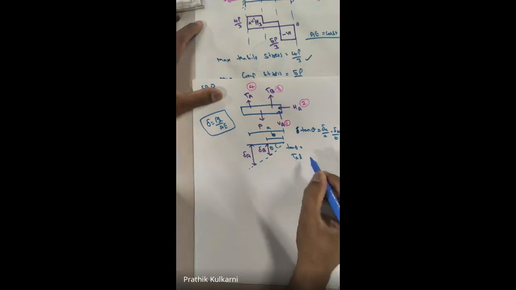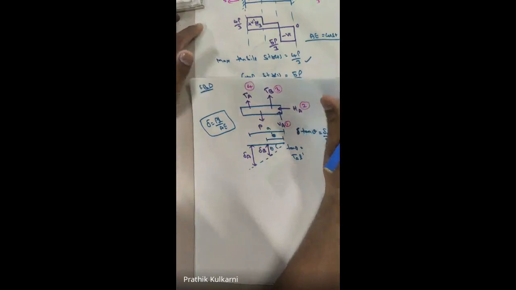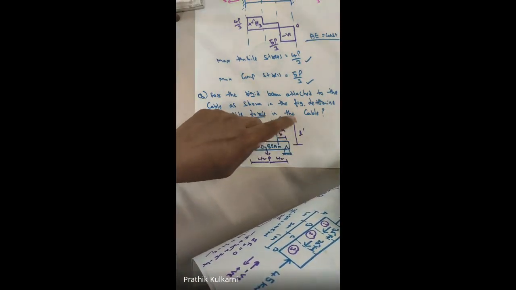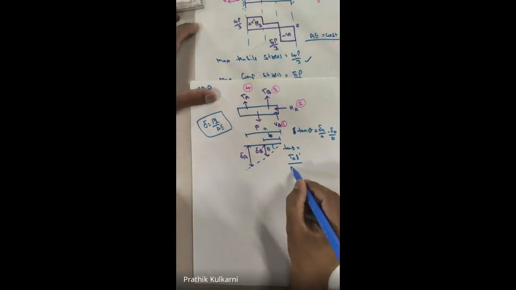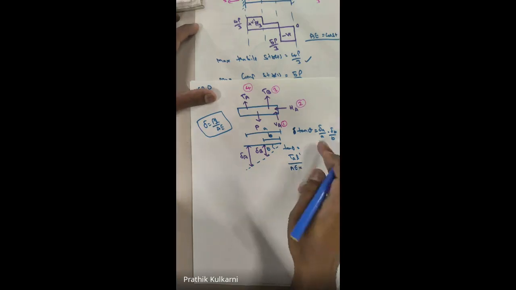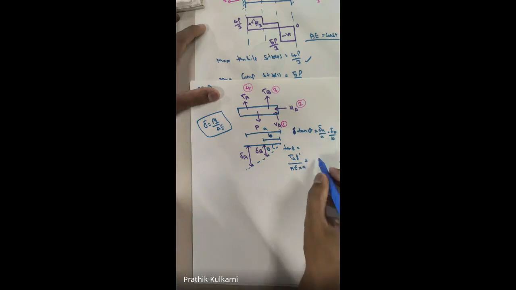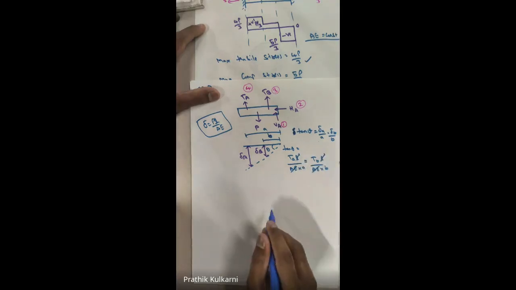This is here L, but here we are writing L dash. I told you the length, this is the length of the cable. So this is the length of the cable. So TA L dash by A into E into A is equal to TB L dash by AE into B. L dash will get cancelled.